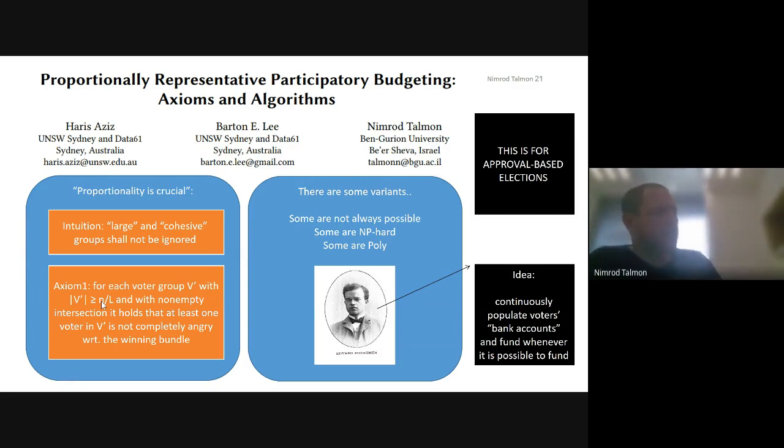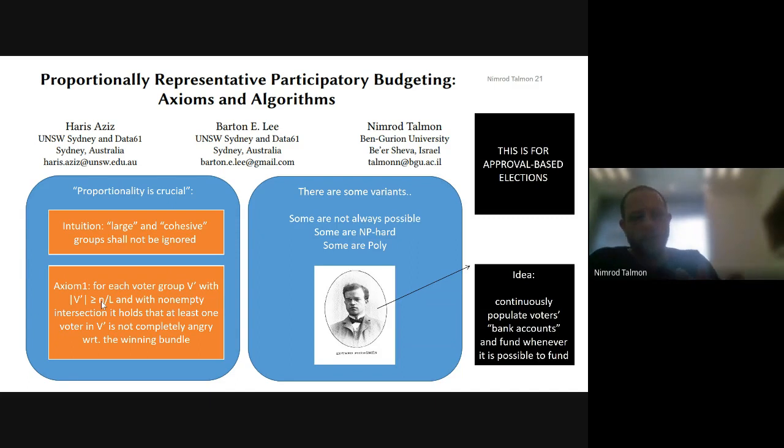And what happens is that there is one project such that the money of all of the voters that approve this project is sufficient to fund it. So for example, if there is a project that costs $3 and there are 6 voters that approve this project, then when the bank account of each one of them has $0.50, jointly these 6 voters could fund this project.